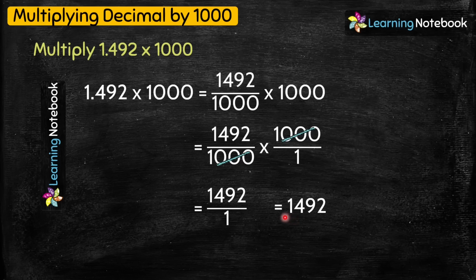So students, our answer is 1492. Here we observe that when a decimal number is multiplied by 1000, the decimal point moves to the right by 3 places.